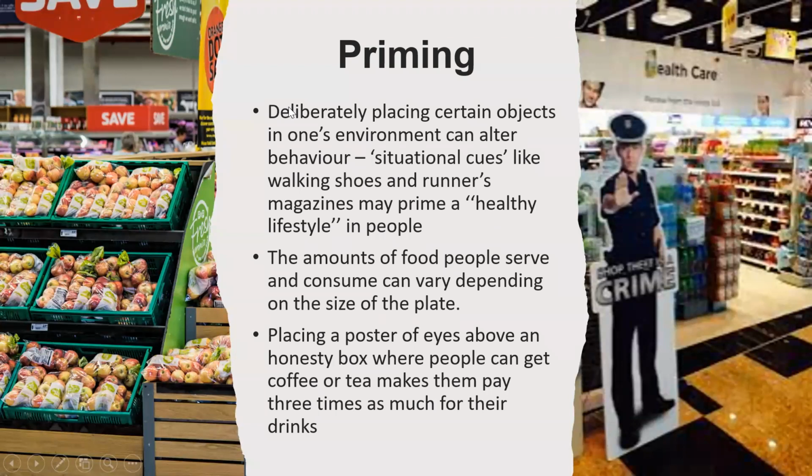Another good example of priming as a strategy to induce nudge is by placing a life-size cardboard cutout of a policeman or a security guard to reduce the risk of crime, of stealing. So it's about deliberately placing certain objects in one's context, one's environment to alter the behavior.